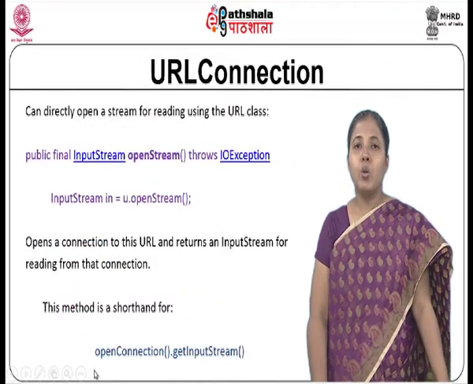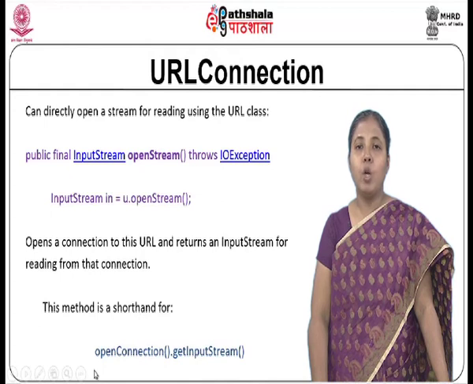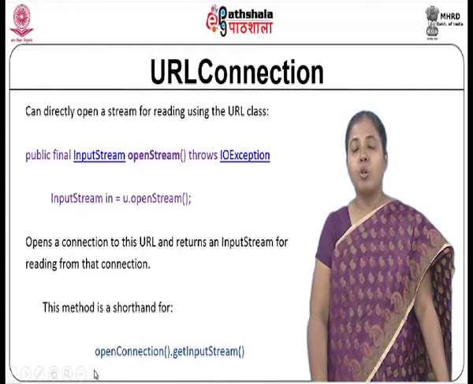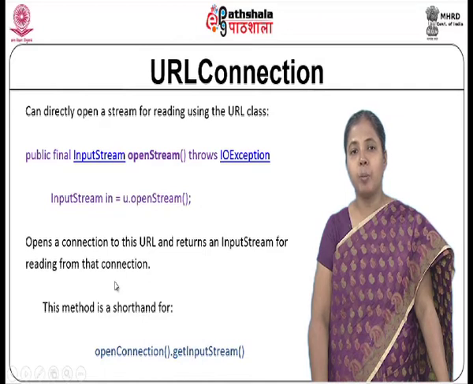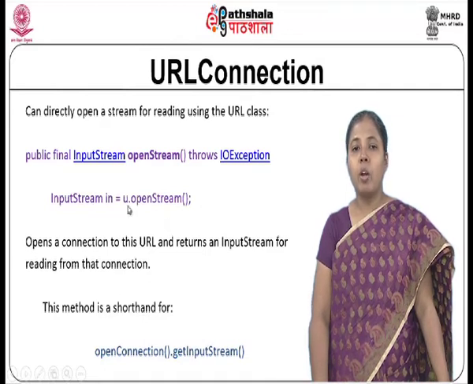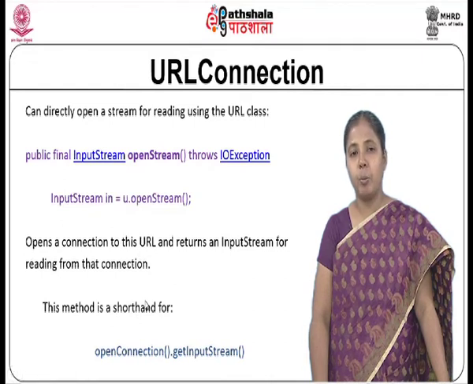Now, once you get a URL object, you can directly open a stream for reading. To open a stream, we use the openStream method, which returns an InputStream object. So, urlObject.openStream returns an input stream. This opens a connection to the URL and returns an input stream for reading from that connection.